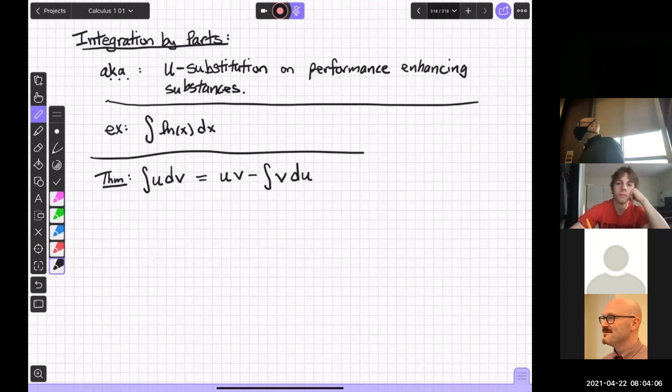Okay, now, when we do U substitution, we're substituting for a single thing. When we're going to do integration by parts, we're going to substitute for two different things, for two different types of letters. So that's why I refer to it as U substitution on performance enhancing substances, because we've just kicked it up a level. We've just made it twice as effective. There's a whole lot more that we're going to be able to solve using integration by parts. And the theorem is the integration by parts theorem.